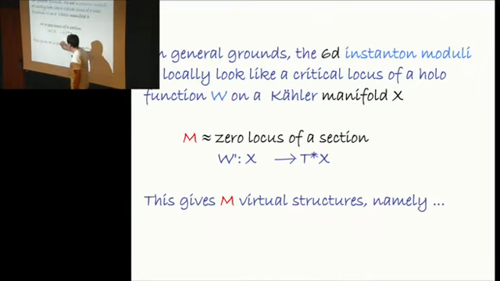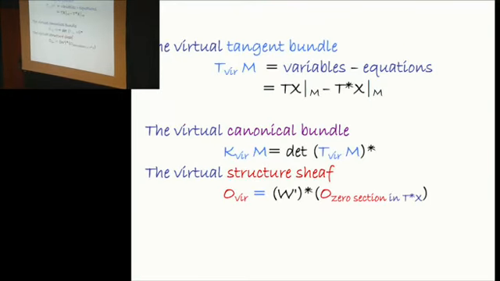And this gives M what are called virtual structures. What is the virtual tangent bundle? If you had a smooth variety defined by some equations, its tangent directions are the directions corresponding to variables, and you have to subtract the directions corresponding to equations.